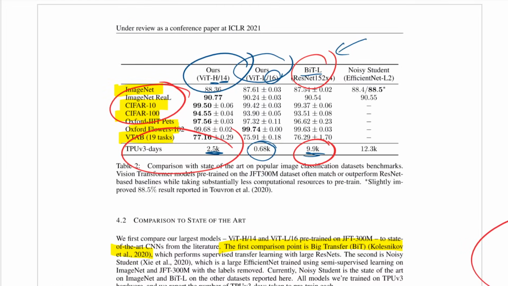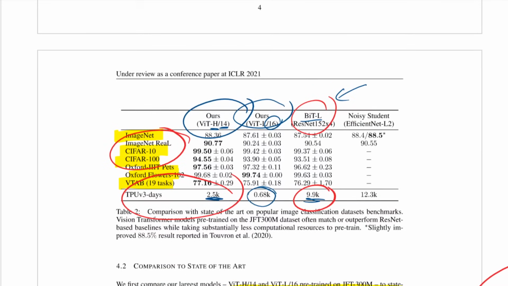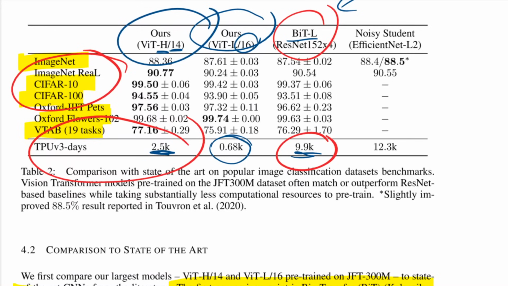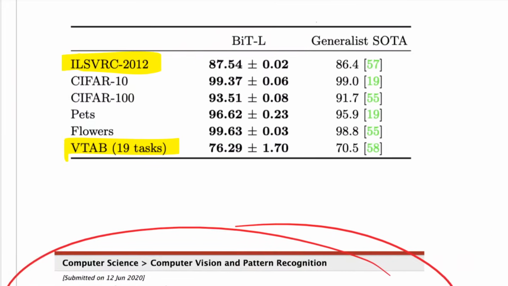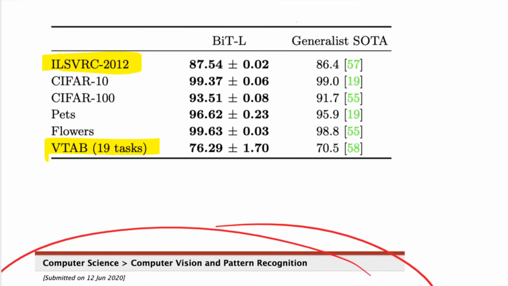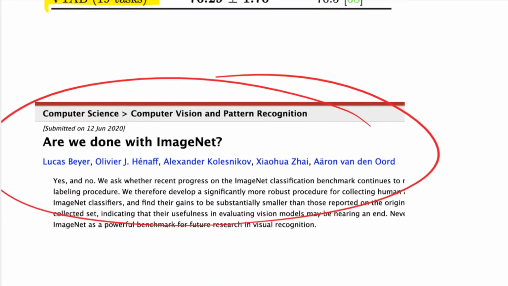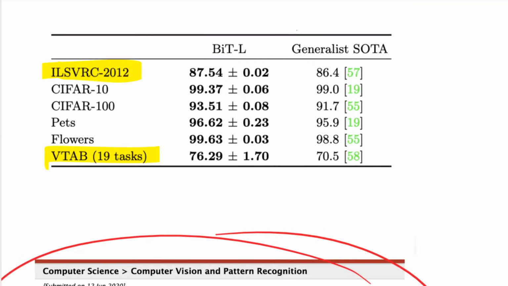Okay, so the idea here is you train on these big data sets like this JFT data set. So you pre-train on that. This is a weakly labeled data set of 300 million images, and then you transfer to the other data sets, which just happen to be the same data sets that this paper used, plus the other data set that the same authors created after this paper came out.